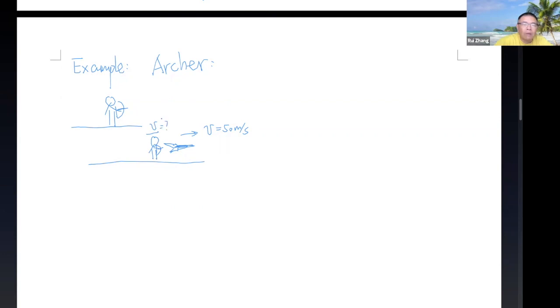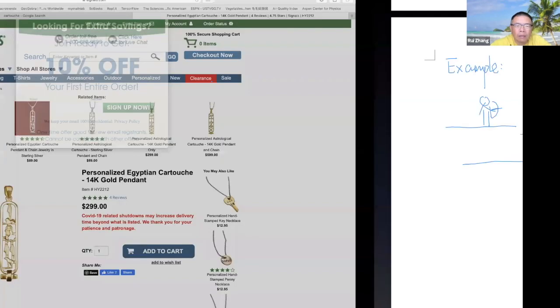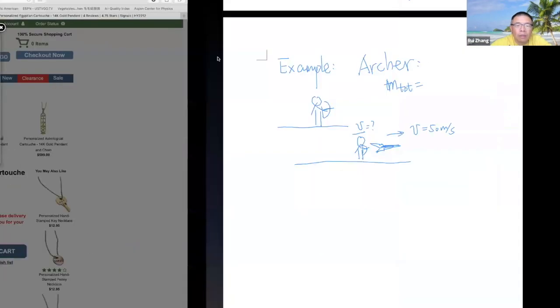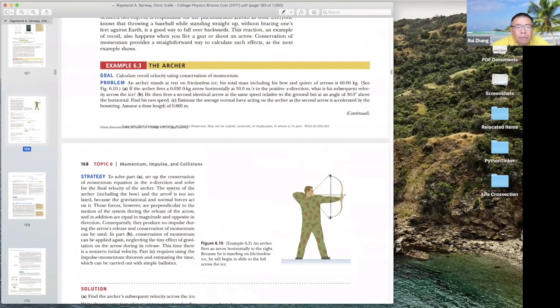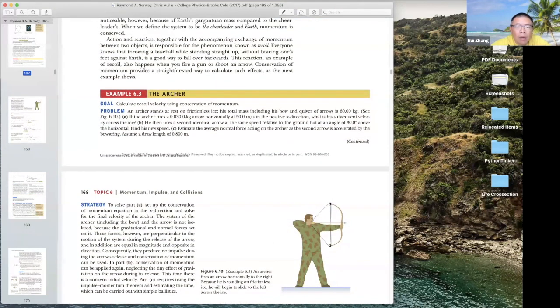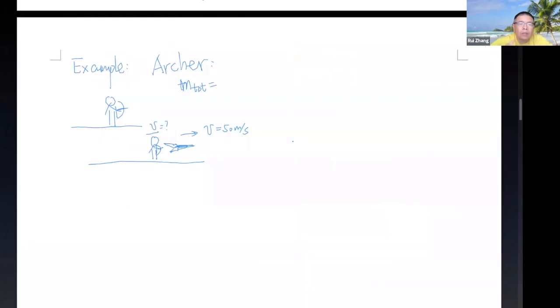Again, the total mass is 60 kilograms, and 0.03 is the mass of the arrow.